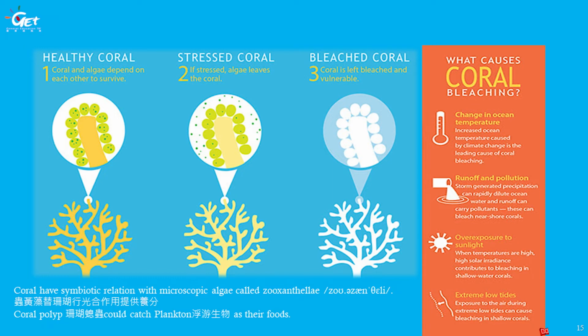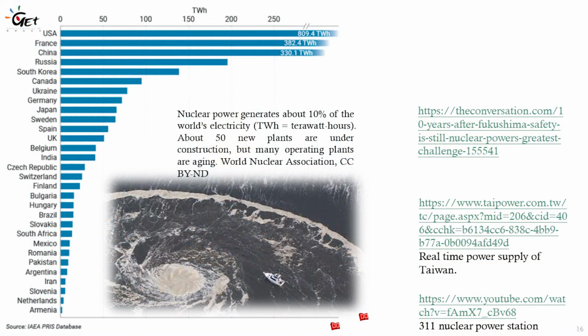Okay, that's quite interesting. And there's one condition that makes the coral reef turn white. It's the temperature. But always the temperature will kill the coral reef. Do you have any idea about a nuclear power station? At the reaction center of a nuclear power station, the temperature is very high.